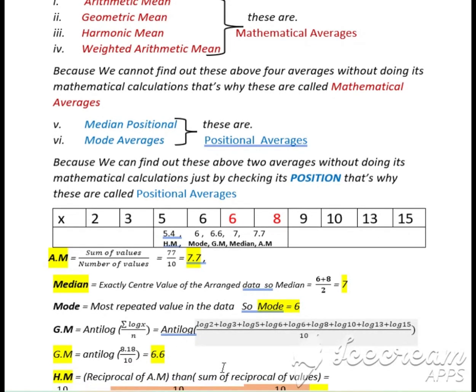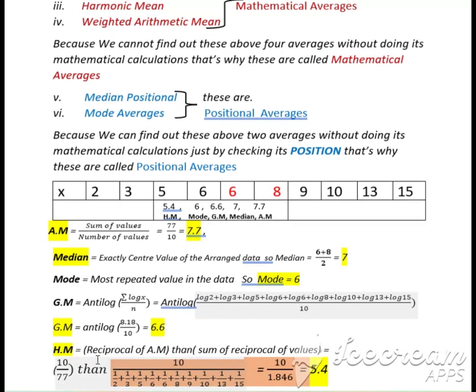So now how to calculate harmonic mean? Harmonic mean is the reciprocal of the arithmetic mean of the reciprocals of the values. So the arithmetic mean is 77 over 10.